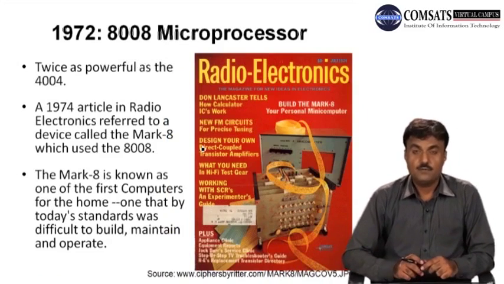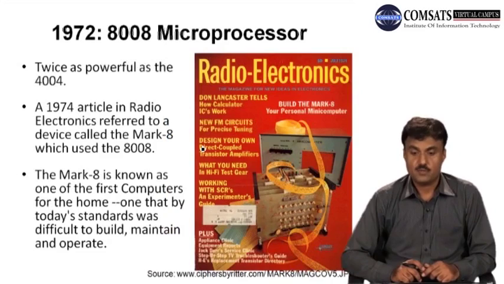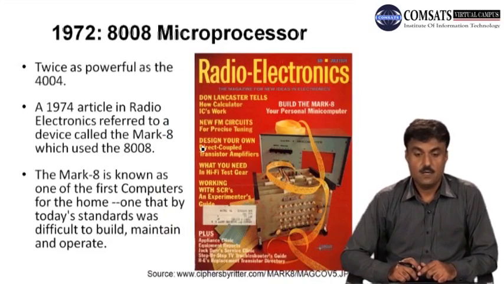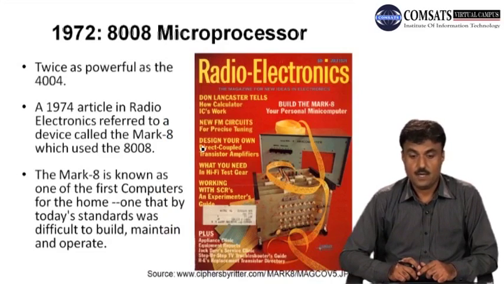After the 4004 microprocessor, Intel manufactured another microprocessor in 1972, named the 8008. This was twice as powerful as the 4004.